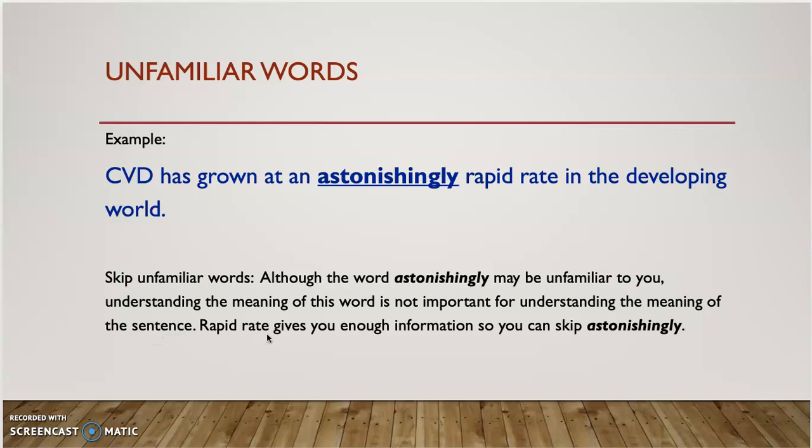Rapid rate gives you enough information so that you can skip astonishingly. So we know what rapid rate means. That means very quickly, very fast. So we already know that CVD has grown quickly in the developing world. So in this case, we could just skip looking up this word and still understand the sentence.